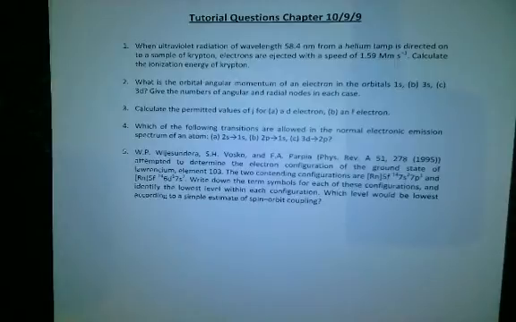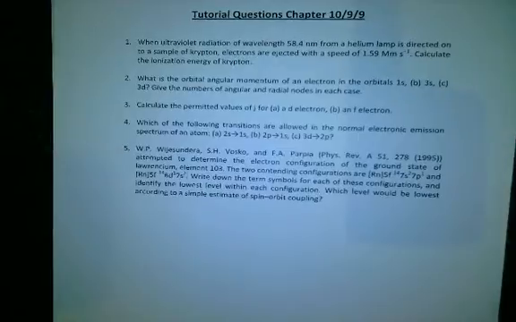So this online video deals with the tutorial questions on the quantum mechanical description of the electronic configuration of atoms. The first question asks: when ultraviolet radiation of wavelength 58.4 nanometers from a helium lamp is directed on a sample of krypton, electrons are ejected with a speed of 1.59 megameters per second.